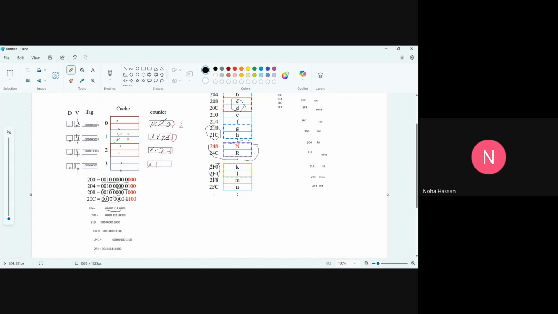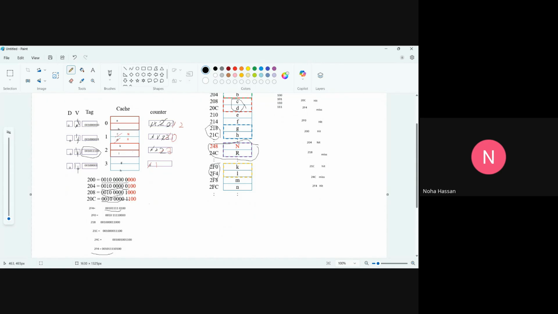Okay, so this is 0010111, exactly here. Yeah. It's actually the same tag here, right? You compare them. It is the same tag as this one in block number 2, corresponding to the L.